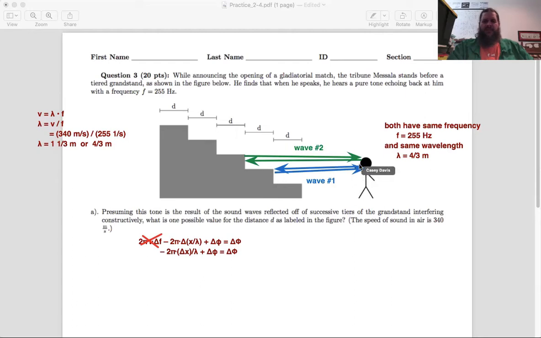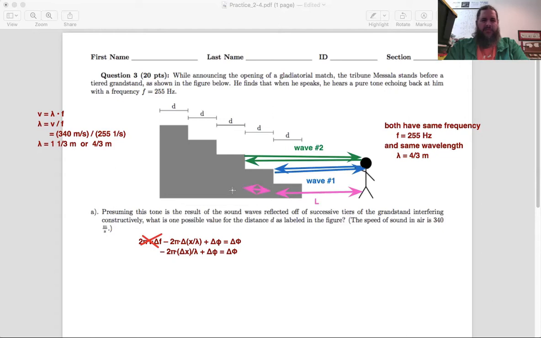Yeah, exactly. Wave 1 and wave 2 are both traveling some distance to this step, but wave 2 travels D further on the way out. And then on the way back, it also travels an extra D further. If you're not sure, you could also set it up algebraically. Let's say the distance to the first step is some distance, we'll just call that L for the length. And then we have an extra D beyond that to get to the next step.